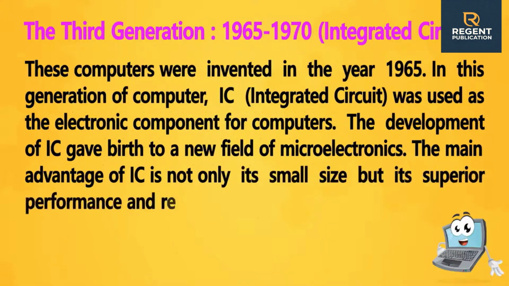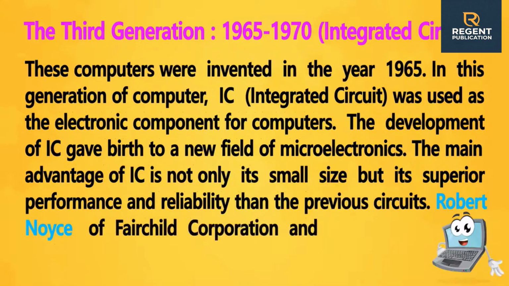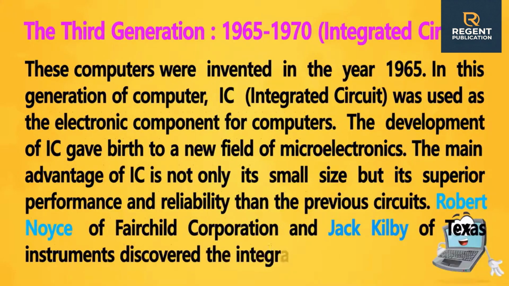The main advantage of the IC is not only its small size, but its superior performance and reliability compared to the previous circuits. Robert Noyce of Fairchild Corporation and Jack Kilby of Texas Instruments discovered the integrated circuits.